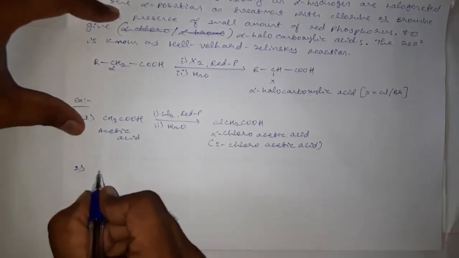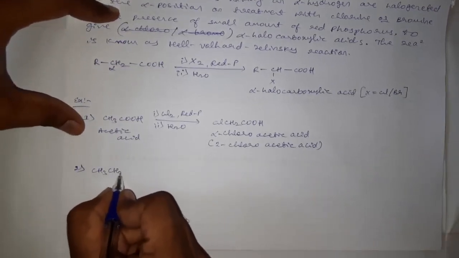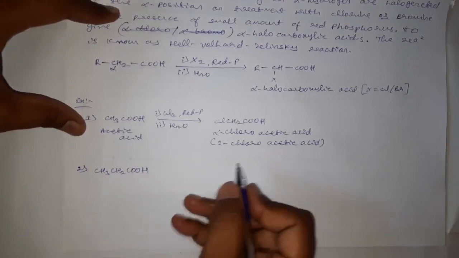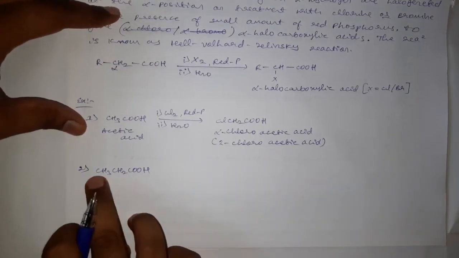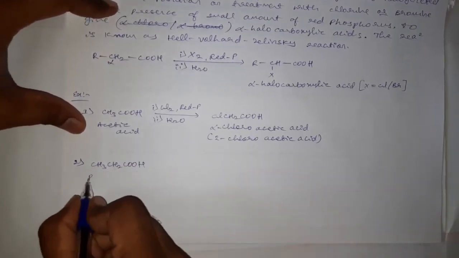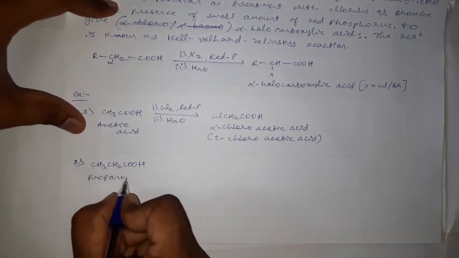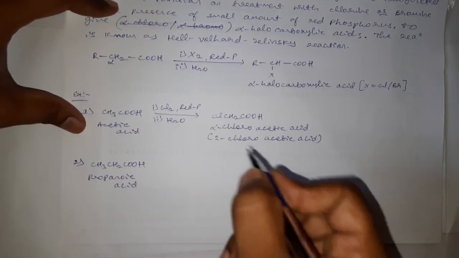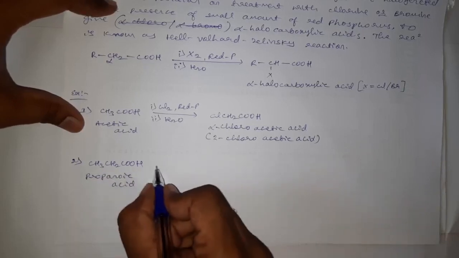Then we can take another example, CH3CH2COOH. Here this carboxylic acid has alpha and beta carbons. Okay, and its name is propanoic acid.